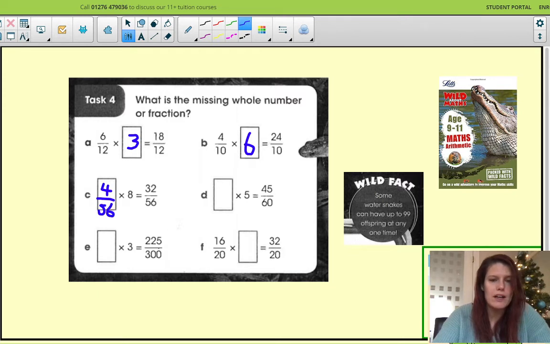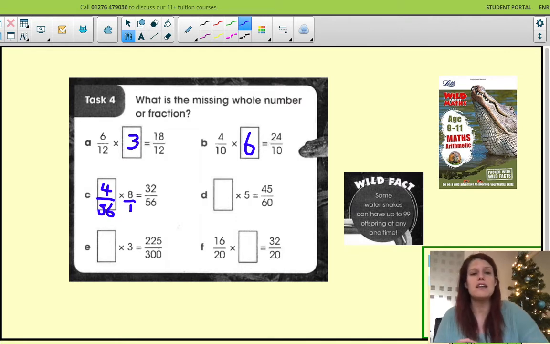Remember, if we had a 1 like that, that's how we know what the denominator would be, 4/56. 4 lots of 8 makes 32. And then we knew it had to be 4/56 as the fraction because as it's multiplied by a whole number, you can always imagine that whole number is going to be put over 1. So 56 times 1 is, of course, 56.